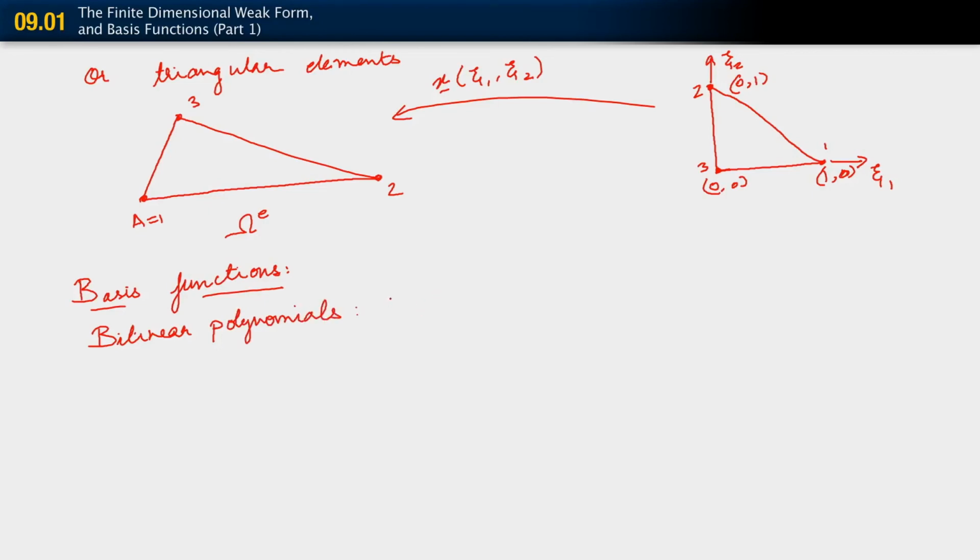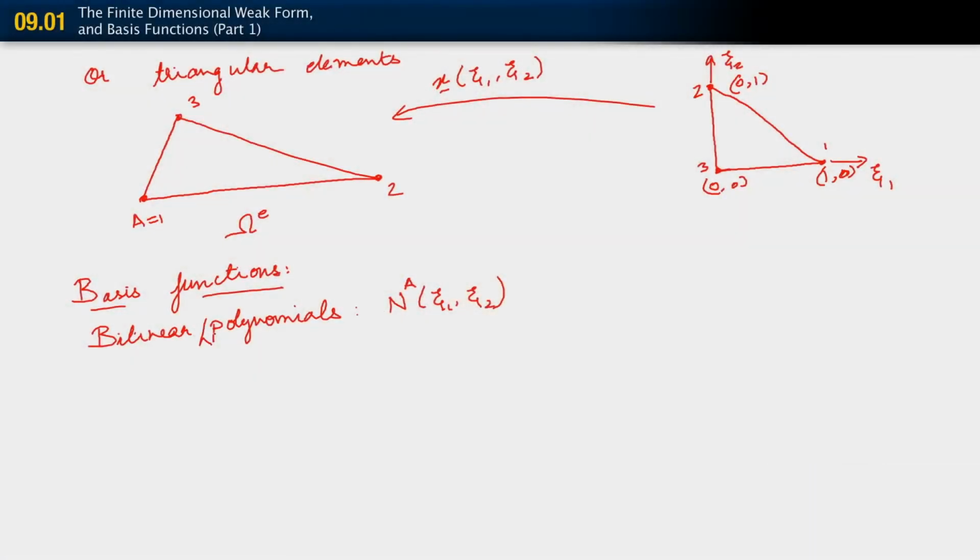These would be written as NA parameterized by C1 and C2, and we know what the formula for them is. I'm not going to rewrite it. We've written it a couple of times at least. Now these are the standard bilinears. We've also looked in one of the previous segments at the generalized Lagrange polynomial formula for this.